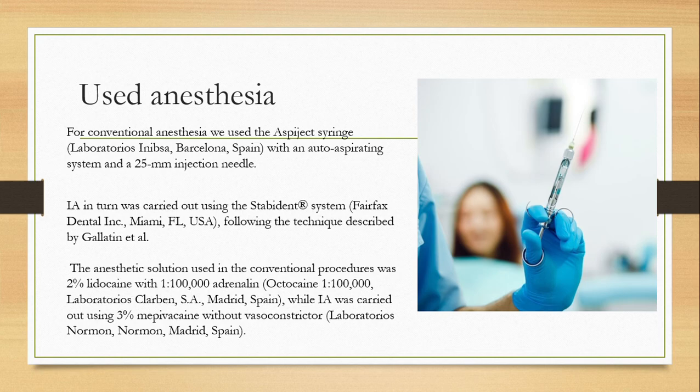The anesthetic solution used in the conventional procedures was 2% lidocaine with 1 to 100,000 adrenaline, Octocaine 1 to 100,000, Laboratorios Clarben, SA, Madrid, Spain, while IA was carried out using 3% mepivacaine without vasoconstrictor, Laboratorios Normon, Madrid, Spain.